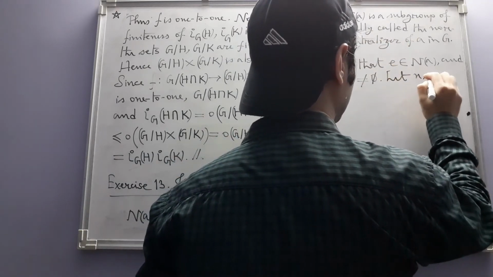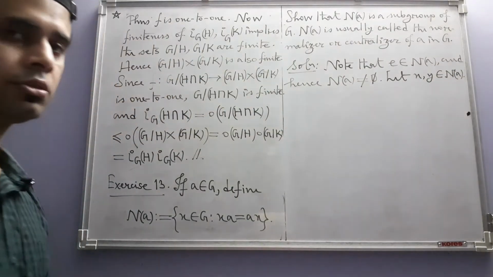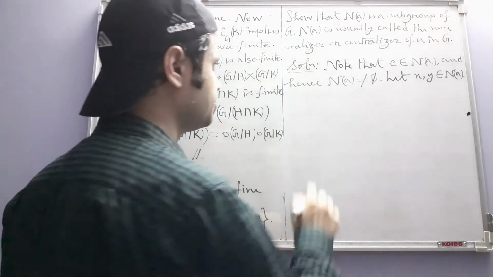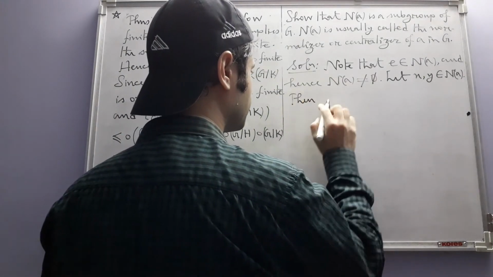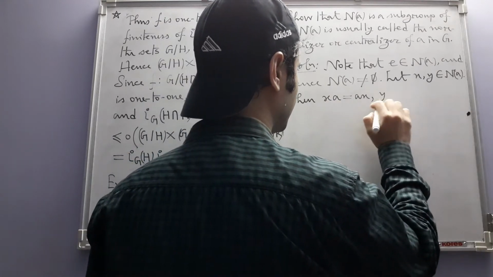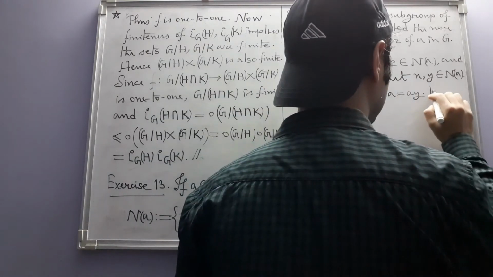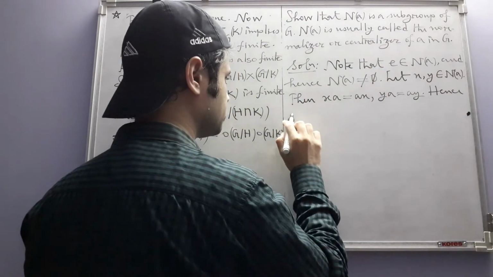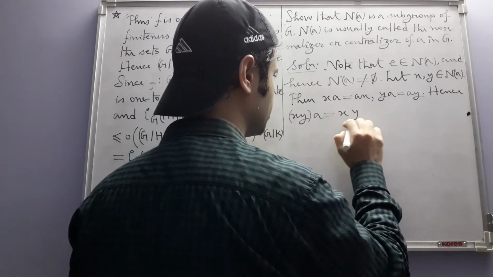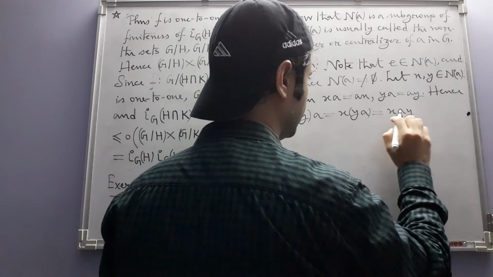Now let x and y be two elements in N(a). We have to show that their product is in N(a) and that the inverse of x is in N(a). Then x commutes with a, y also commutes with a. Hence, what about xya? Because of associativity, we can write it as x times ya, but in place of ya, you can write ay.